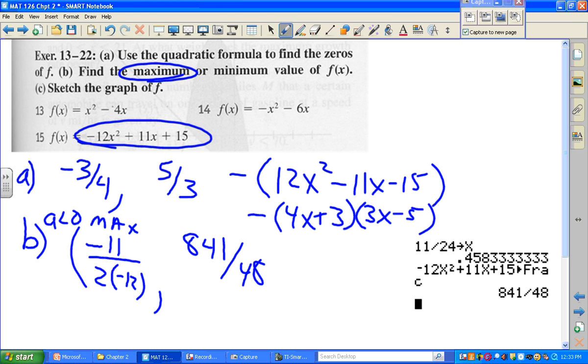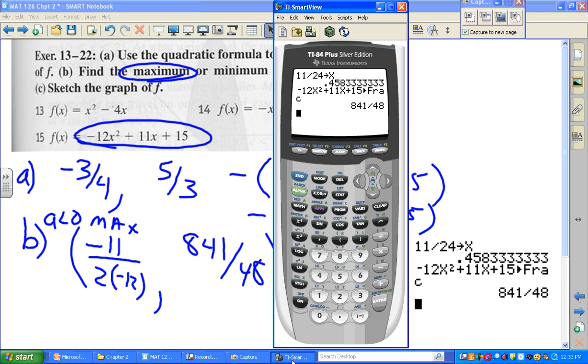841/48. Is there a C? Oh, sketch the graph. Well, that's not too difficult. Y equals, clear, -12x squared plus 11x plus 15. Now, 841/48.